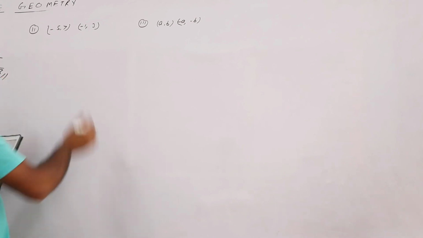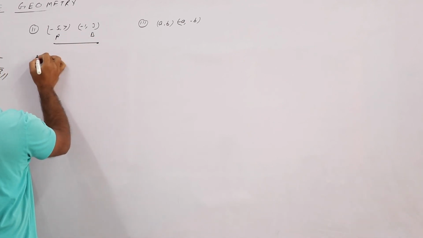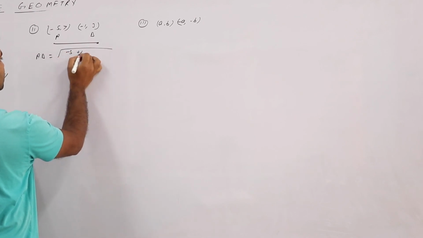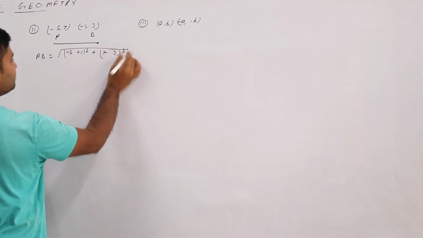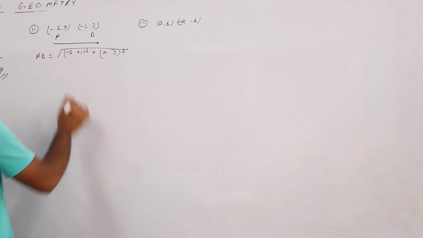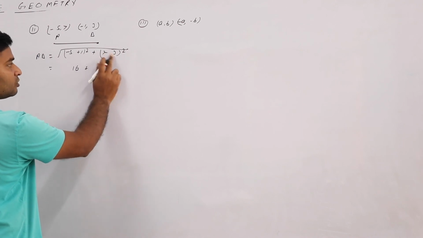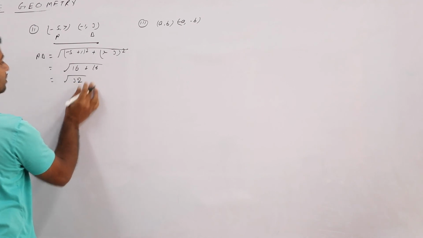This is 2 square, 4, this is also 4, so root over 8. This is A, this is B. So AB is root over (minus 5 plus 1) square plus (7 minus 3) square. This is 4, 16, and this is also 4, 16, so root over 32.